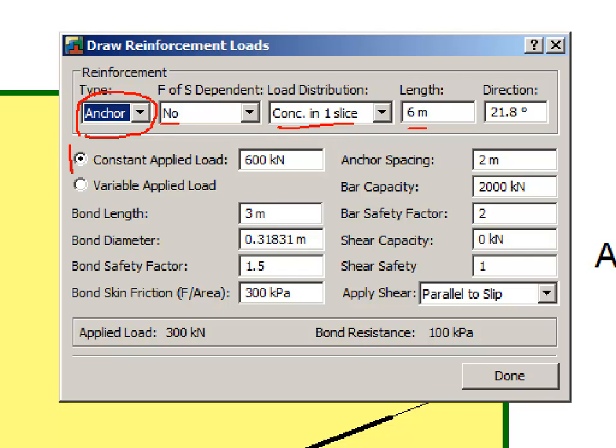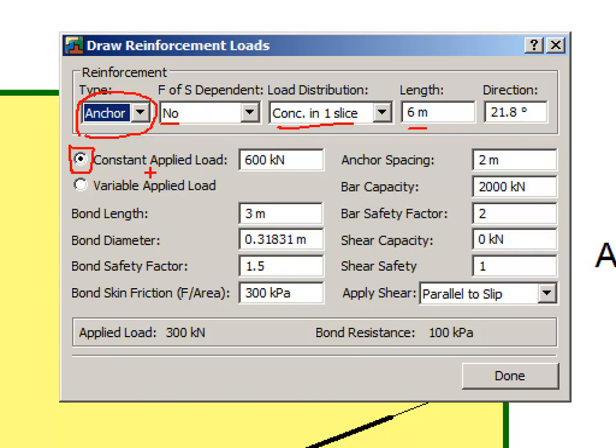Now in this case I have selected this option here that says constant applied load. What this means is that the anchor load will be applied as a certain value regardless of the position of the trial slip surface.